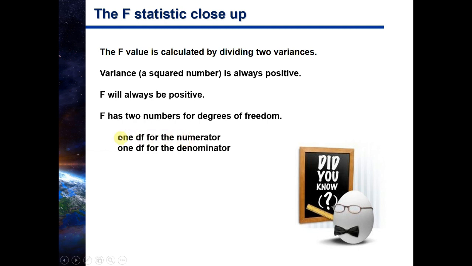In other words, the number on top, right? If you divide one by another, this one is on top, or it's first. And then the degrees of freedom for the denominator, that's the degrees of freedom for what's on the bottom, or what comes second in the division. Don't worry, you're going to see this in action.